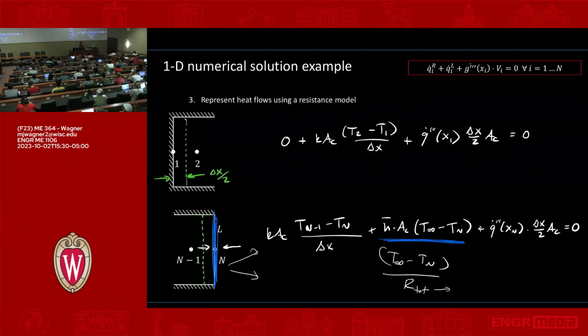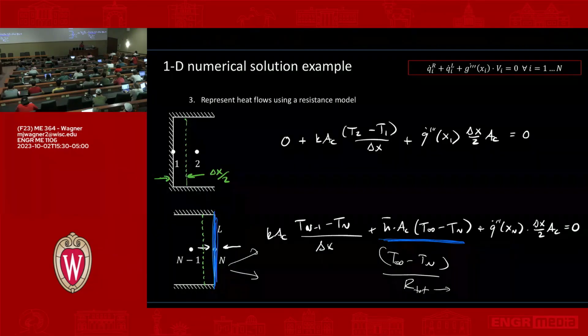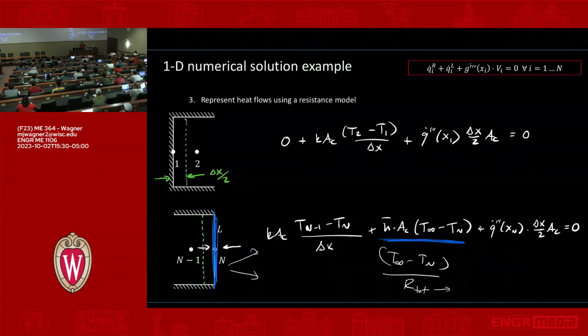If I collect everything that's multiplying T1, that's going to be kA_c over delta x times -1. All of that is a coefficient in this matrix. For this one, it's the first equation and it's stuff going with the first temperature, so it's right in the upper left corner of our matrix. For T2, it's going to be again in the first row, but T2 here is being multiplied by this stuff as well, so that's going to appear in our matrix.